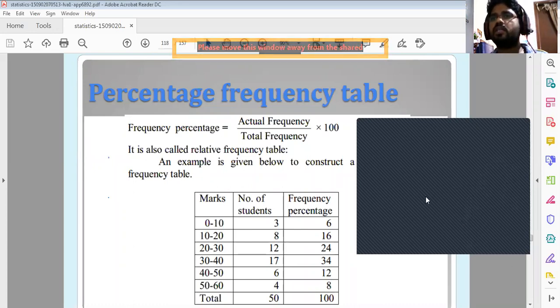How much? 6. That is called 6%. That is called actual frequency by total frequency into 100. Then for the interval 30 to 40, how much percent of the students? For example, 17 by 50 into 100. How much? 34. This is 34 percent.